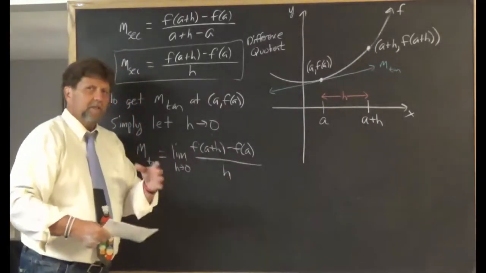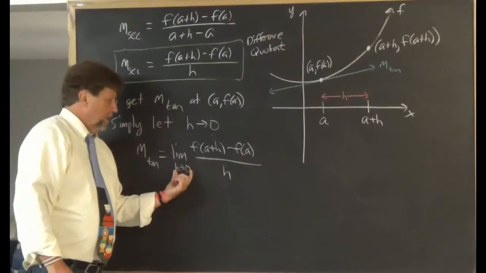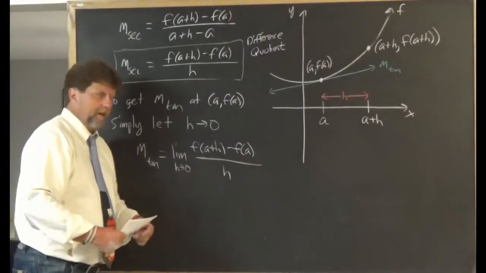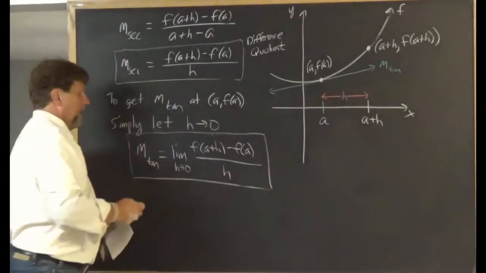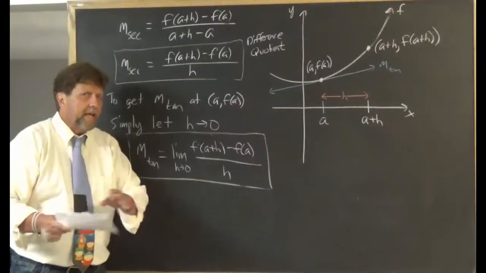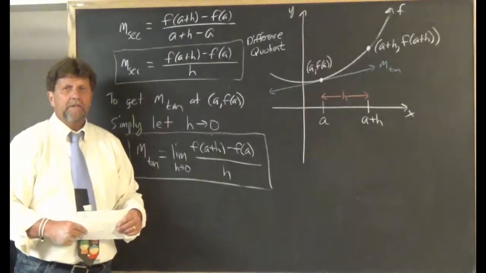So basically the slope of the tangent line is nothing more than the difference quotient with a little limit statement in front of it. So let me put that in a box, and let's head back to the slides to see how we are going to continue this.